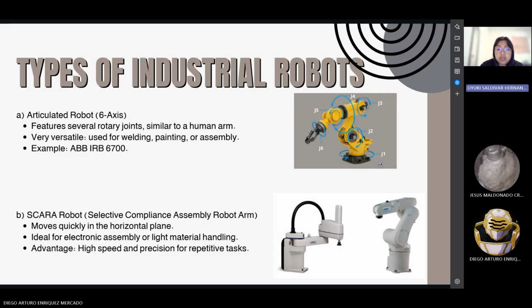There are several types of industrial robots. First, the articulated robot has several rotary joints similar to a human arm. It's used for welding, painting, and assembly. Second, the SCARA robot, which moves mainly in the horizontal plane and is perfect for fast, precise, and stable operations.